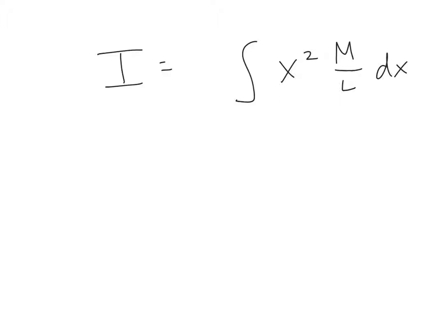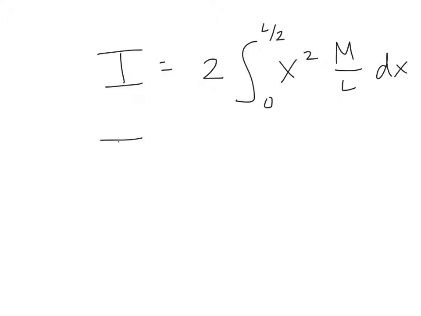And then I have to remember that I actually have two halves. So I put a 2 out as my constant, and then I'm going to integrate that from 0 to L over 2, because again, I'm going from the center out, and that's half the length of the entire stick.